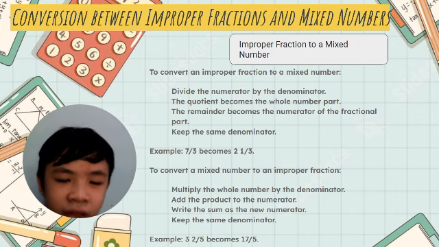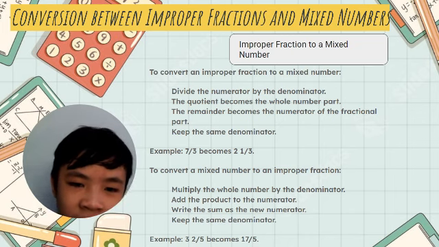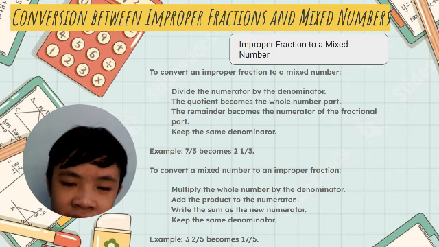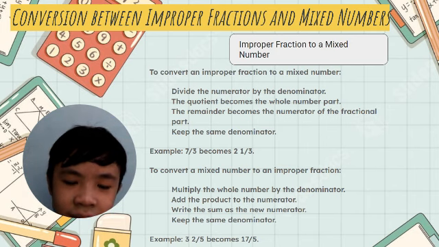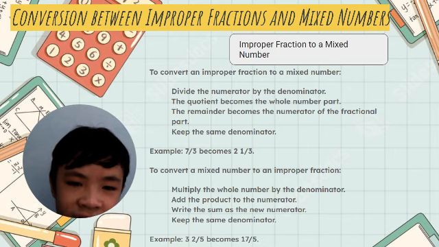For example, if we have 3 and 2 over 5, we multiply 3 by 5, which gives us 15. Then we add the numerator 2 to get 17. Since the original fraction had a denominator of 5, we keep the same denominator. So 3 and 2 over 5 becomes 17 over 5.